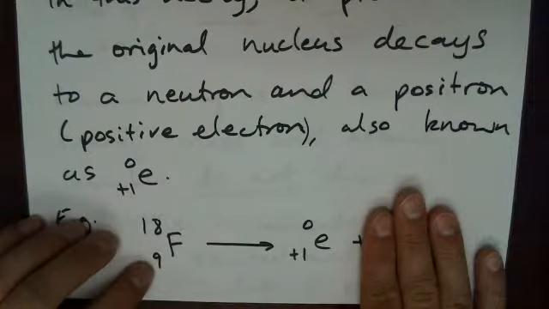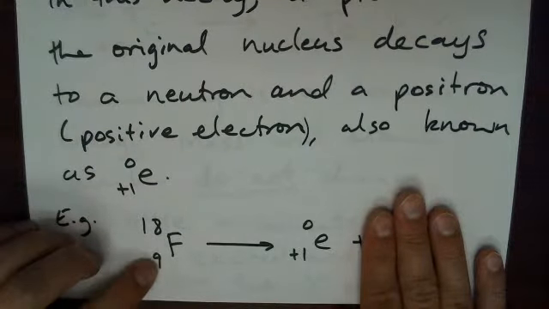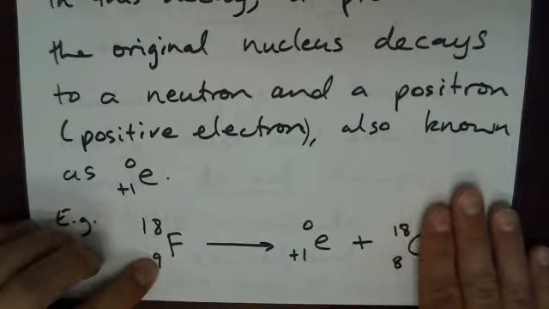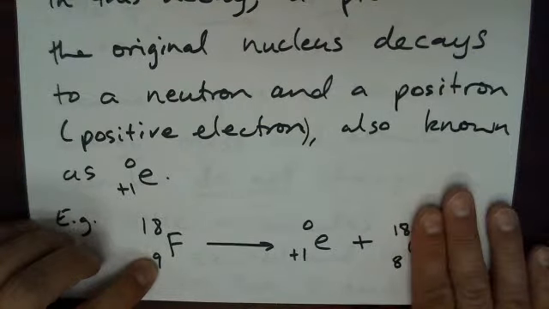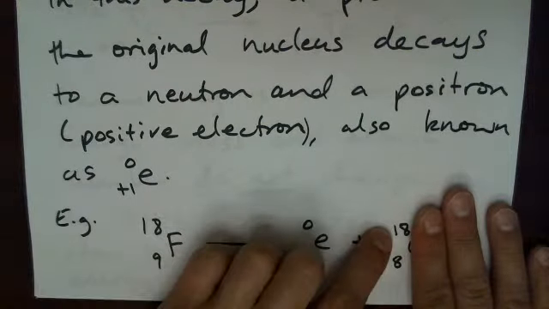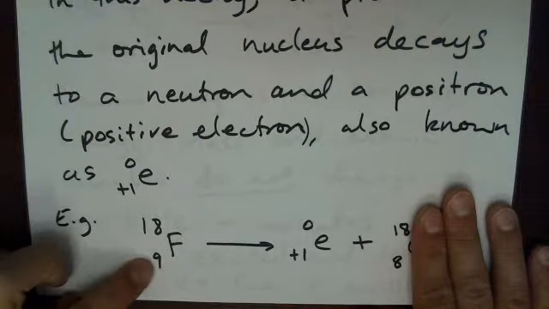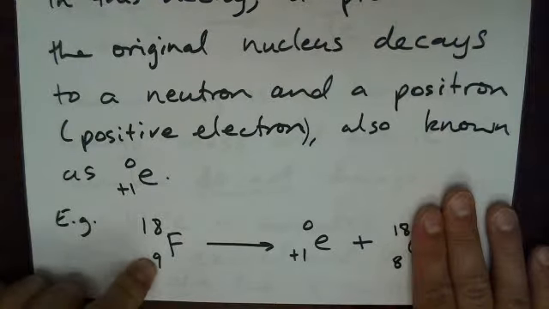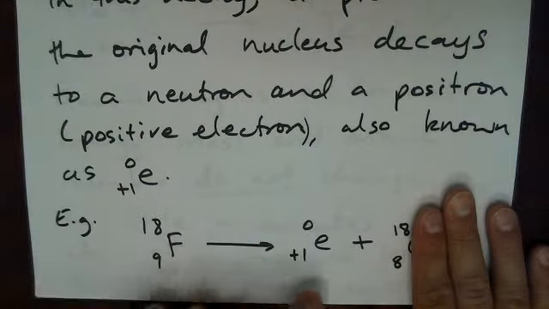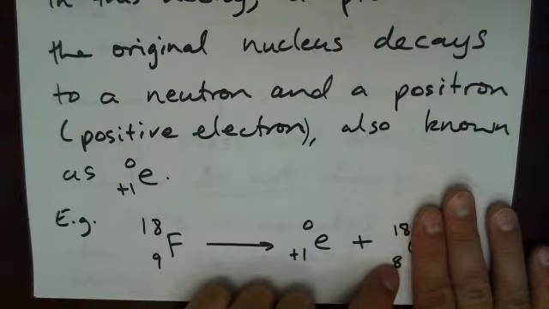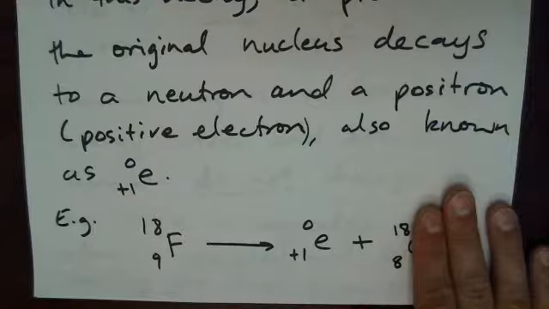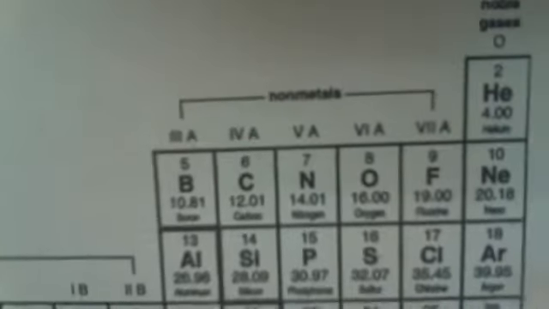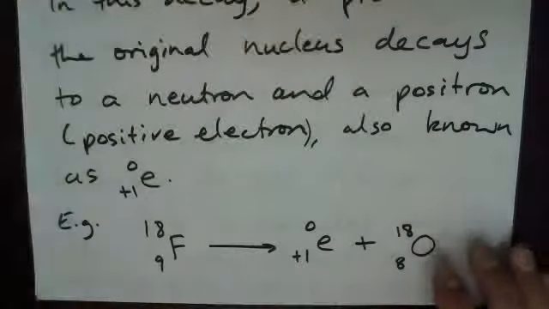But now we have one fewer proton, so the atomic number will change. So our first step is to look at that conservation of mass. The 18 stays as an 18, but now our number of protons must go down because one of those protons has been converted to a neutron. So now we have one fewer protons. Then we go back to the periodic table and look up what number 8 is, which is oxygen. And so then I write the symbol O.